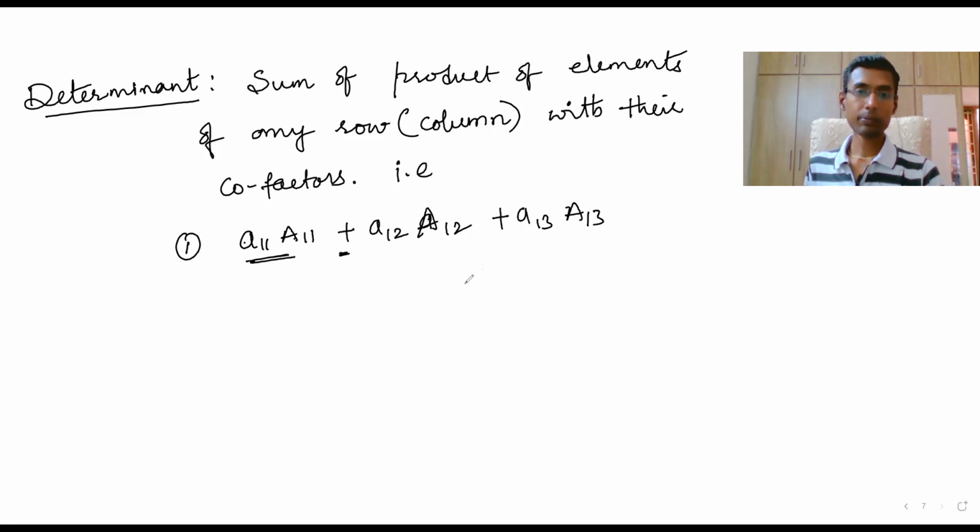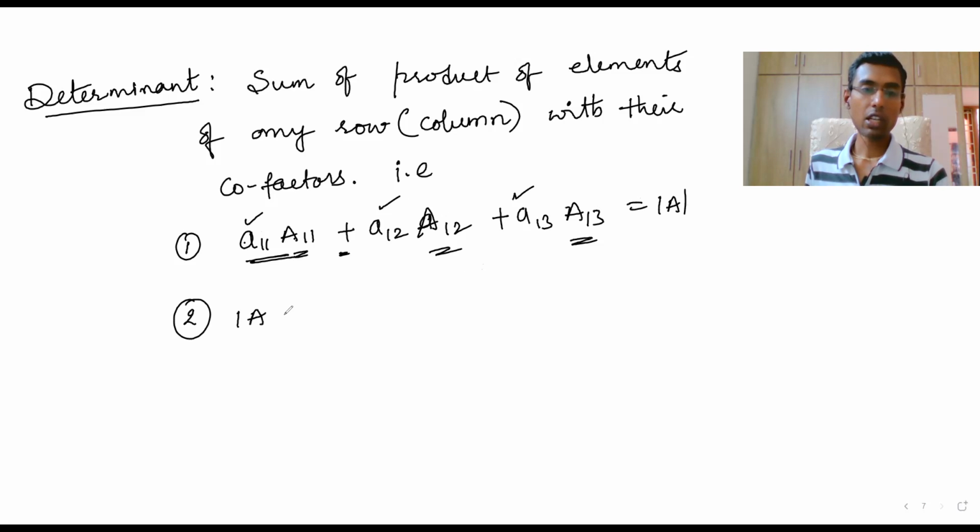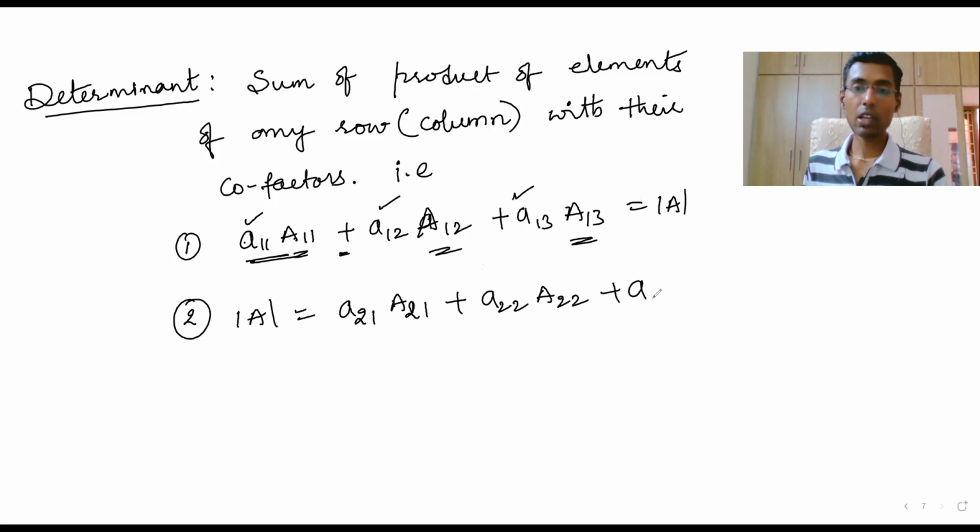This is the first row elements multiplied with their cofactors. You will get the same value by the second row: A21 into A21 plus A22 into A22 plus A23 into A23.